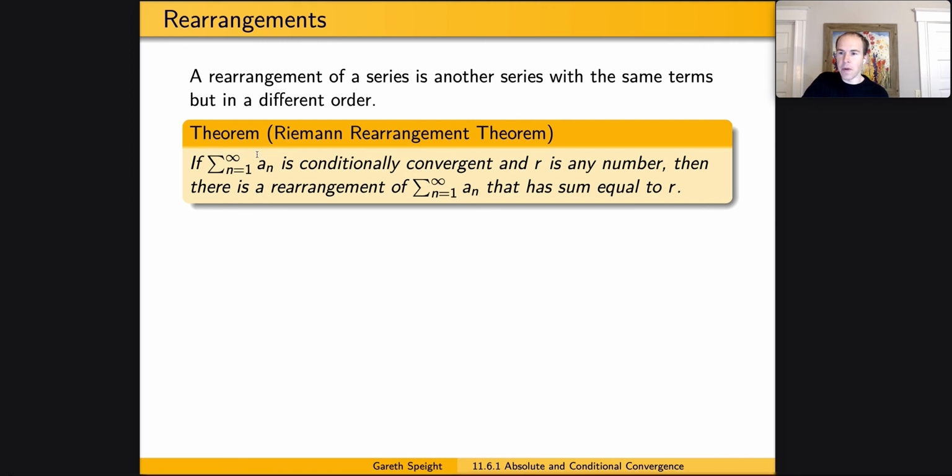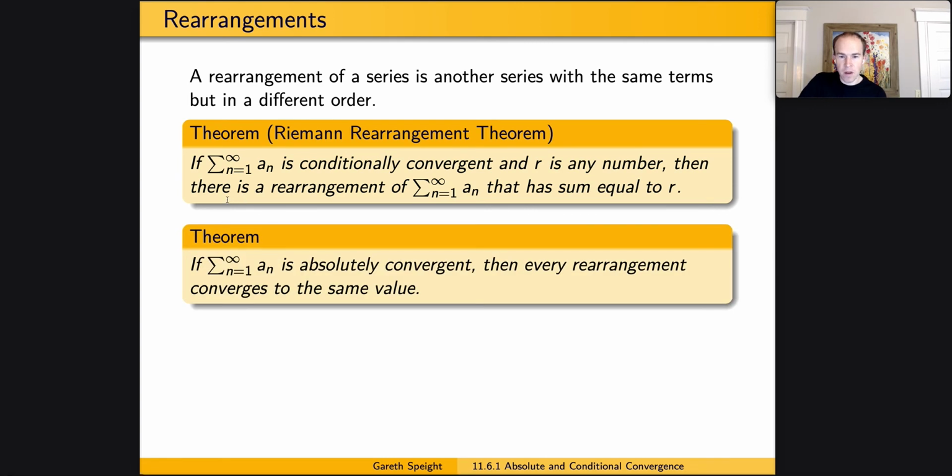If we want to make it small, we sum a lot of negative pieces first. To converge to anywhere we like, we decide how many positive pieces to sum until we're a little bit bigger, then sum negative pieces until we're a little bit smaller, and so on. So we keep playing the game of how many positive pieces and how many negative pieces we pick. Anyway, that's the idea: a conditionally convergent series can be rearranged to any number you like.